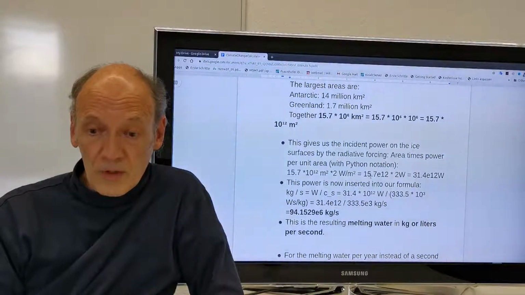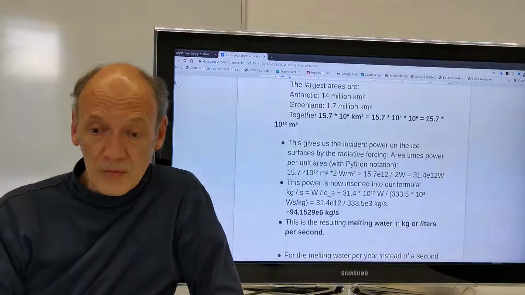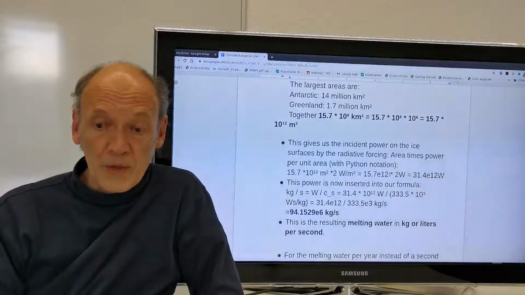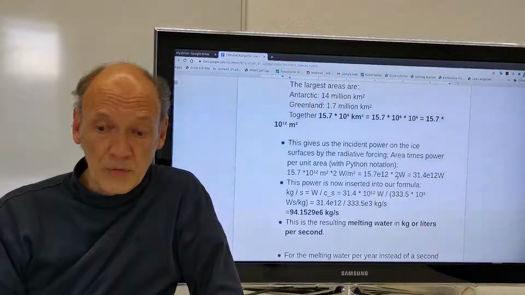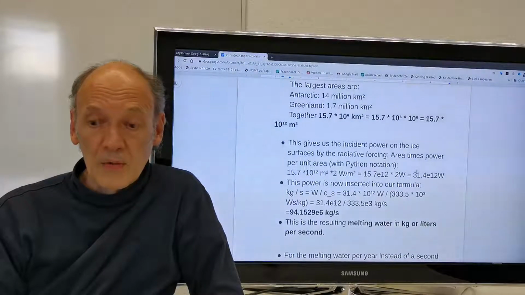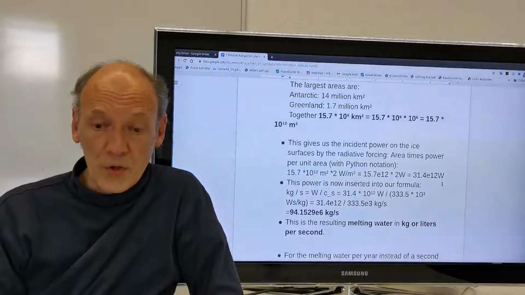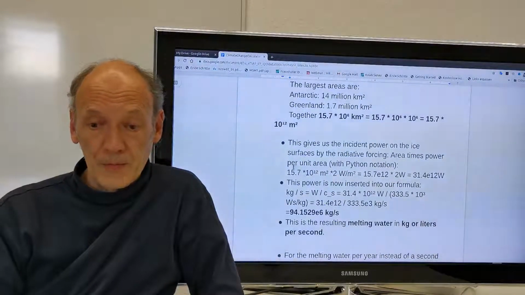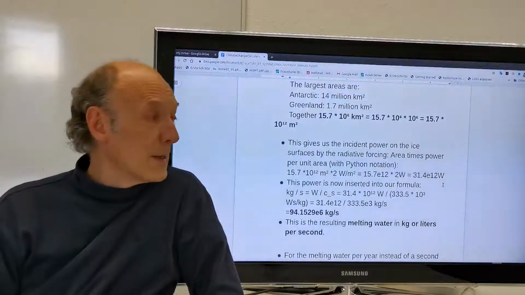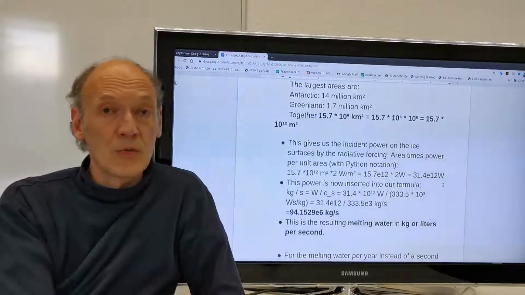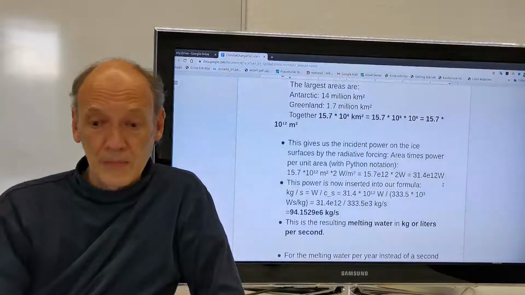So then we have 15.7 times 10 to the 12 square meters times 2 watts per square meter. So the square meter cancels. And then we have 31.4 times 10 to the 12 watts. So this is our result. This is the total power that is now applied to Greenland and Antarctica.